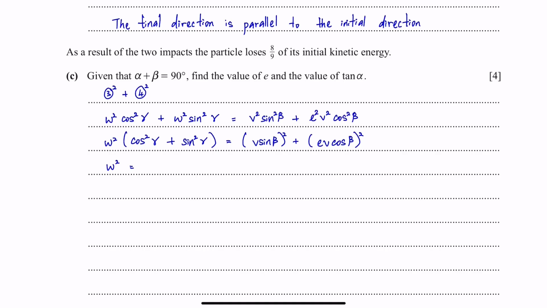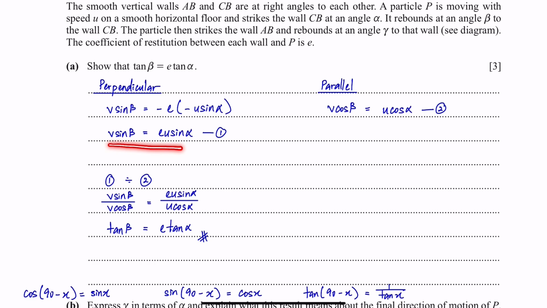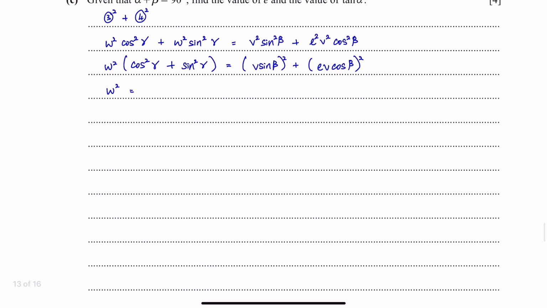from part A, we know that V sine beta equals EU sine alpha, and V cos beta equals U cos alpha, right? So we can write the right hand side as EU sine alpha squared plus EU cos alpha squared.